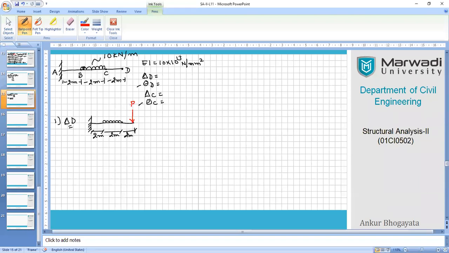Let's use P force whose value is 0. Okay, and this is already the value of this UDL which we already have, 10, right? So now we are ready to start with our table formation A, B, C and D. You can see there are three segments now.